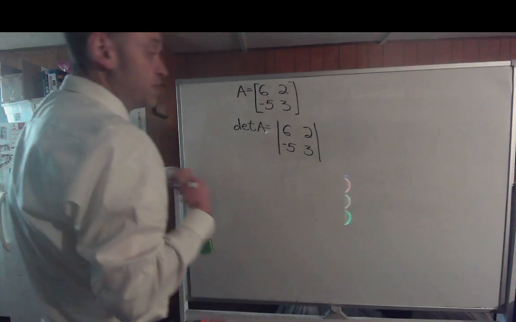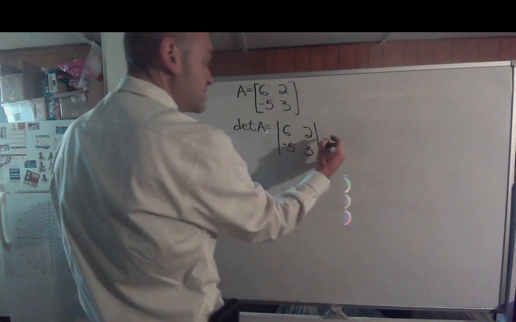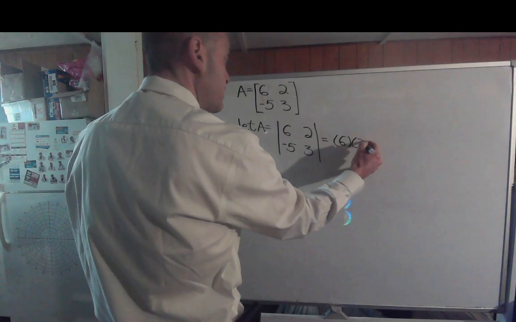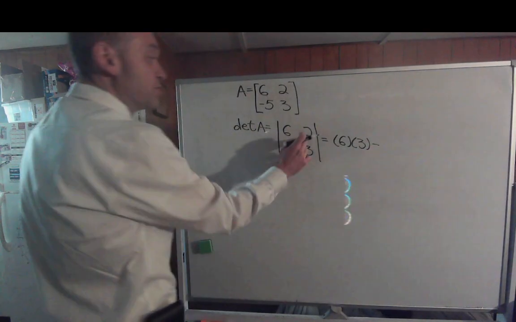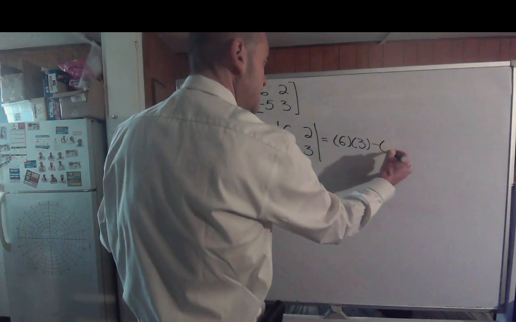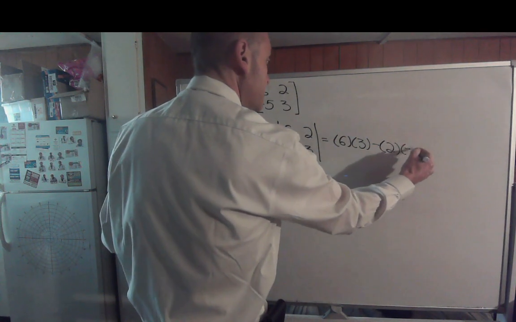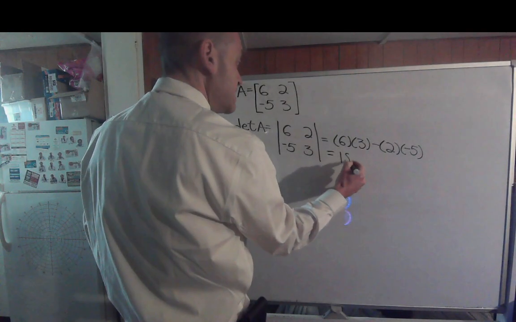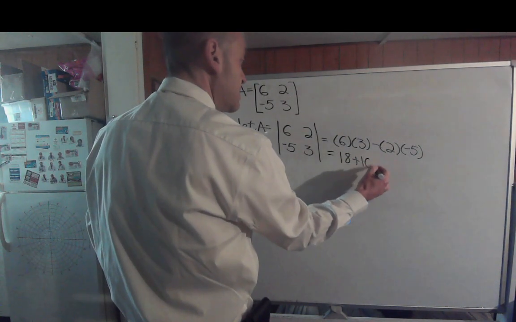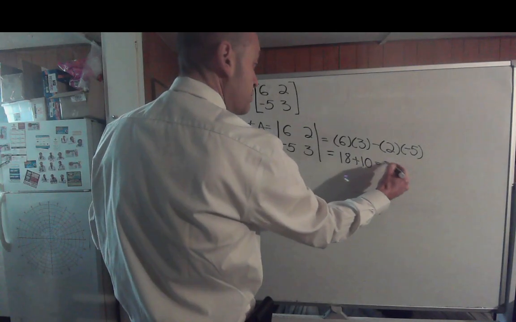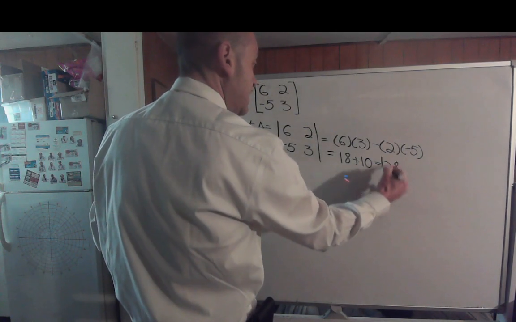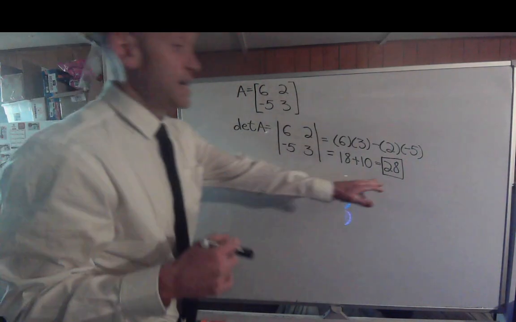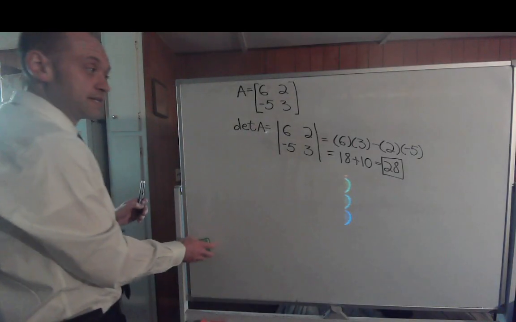Now we take ad, which is 6 times 3, minus b times c, so minus 2 times negative 5. This turns into 18 plus 10, giving you the determinant of 28. So the determinant of matrix A is 28.